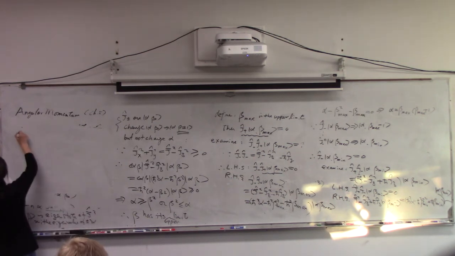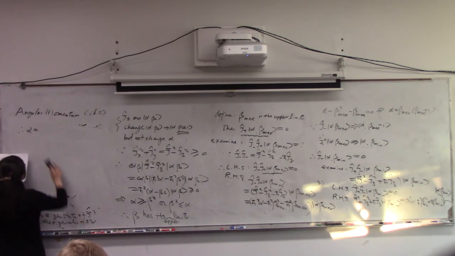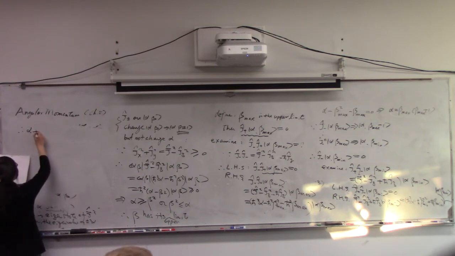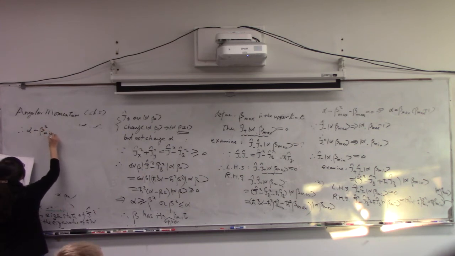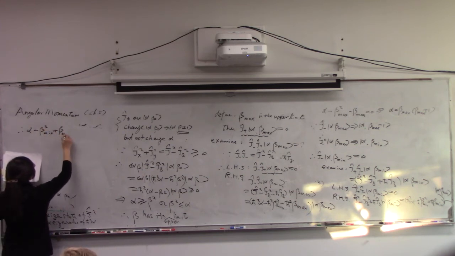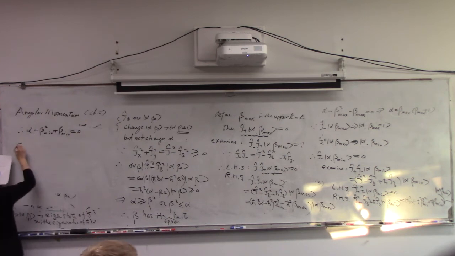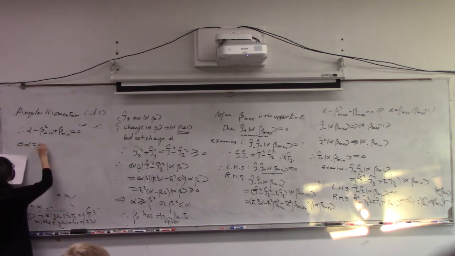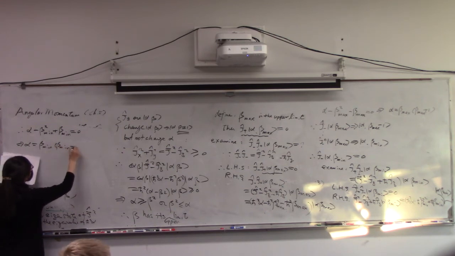So we have, let me just write down again, alpha minus beta minimum square plus beta minimum equal to 0. So alpha equal to beta minimum minus 1, right?